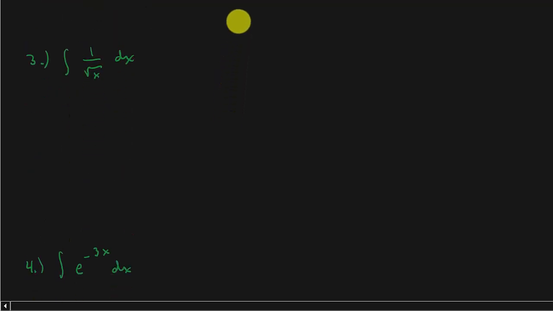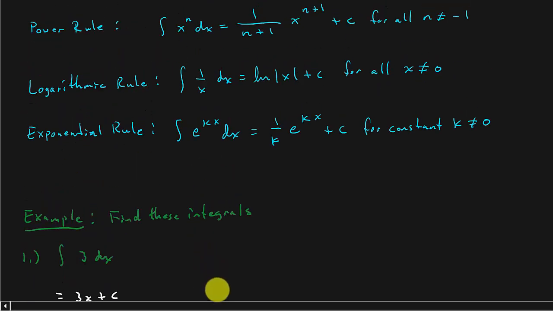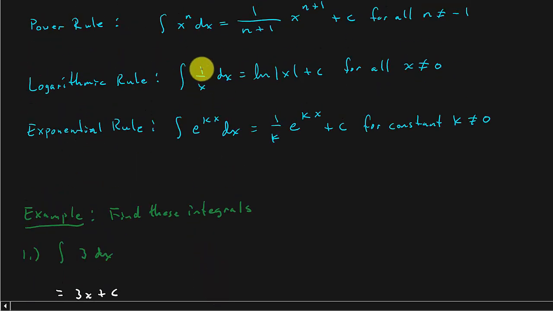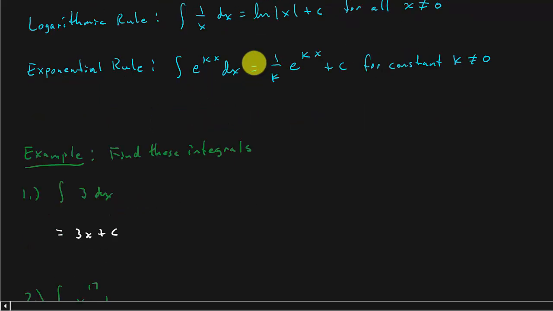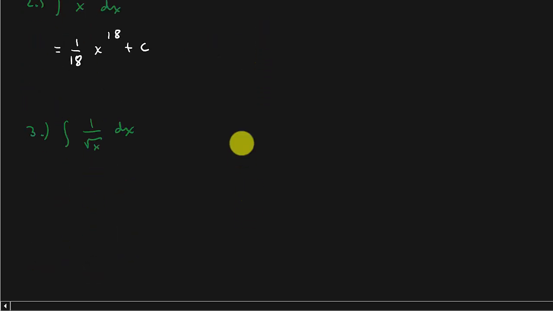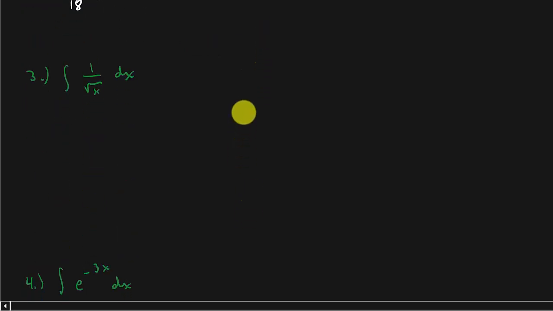Now, let's look at this one. That's 1 over the square root of x. We don't have anything that really tells us about that, right? You look at that 1 over square root of x and you might think, well, is it this one? Well, no, it's not this one because this is 1 over x, not 1 over the square root of x. So one of the things that you may have to do, and this is very common when you're doing integrals, is rewriting the problem so it looks like one of the formulas you have.